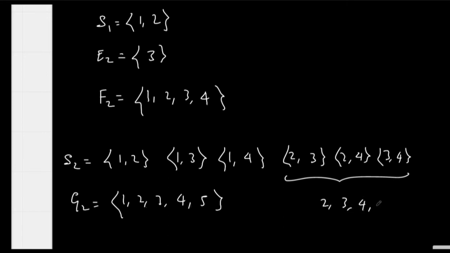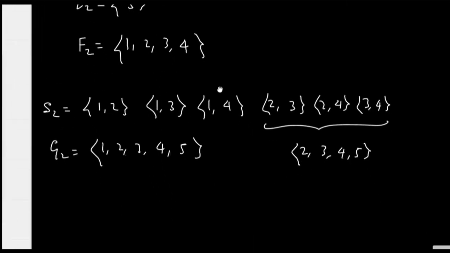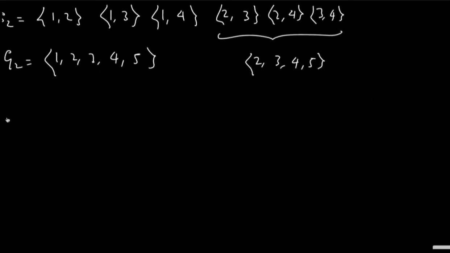And from here, E3 will be 1, 2, 3, 4. So there are two different situations. G2 will be either 1, 2, 3, 4, 5 or 2, 3, 4, 5. So if we choose G2 from here, let's say this one.